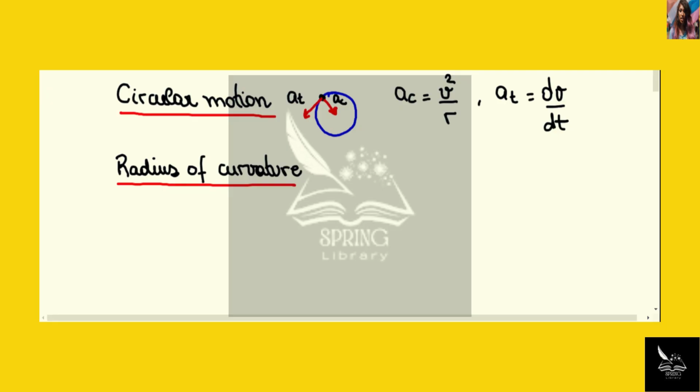And for the concept of radius of curvature, consider that we have a certain arbitrary curve y of x, and we want to know the radius of curvature of this curve at a certain point, x0. What we should do?